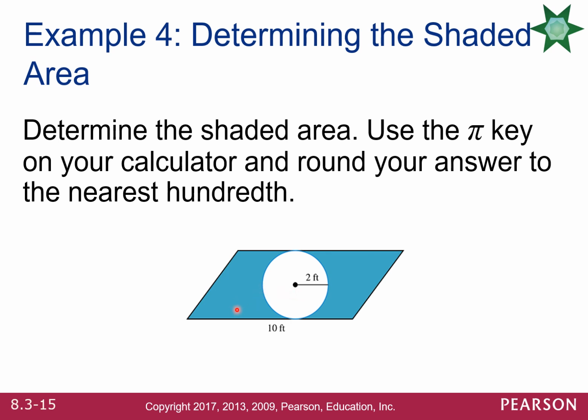So if we can find the area of the parallelogram, and from it subtract this white portion, which is the circle with radius 2 feet, we should be able to find the area of this blue shaded region. Let's see how we can go about it.